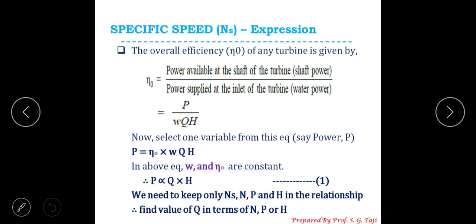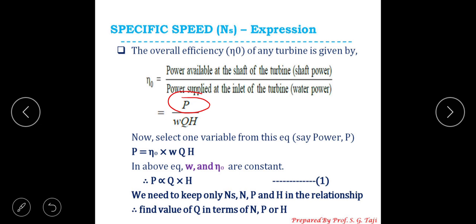Next. The overall efficiency eta suffix O of any turbine we know is given by shaft power to water power, that is, power available at the shaft of the turbine to power supplied at the inlet of the turbine. That is nothing but equal to capital P divided by WQH. Now select one variable from this equation, say, power.